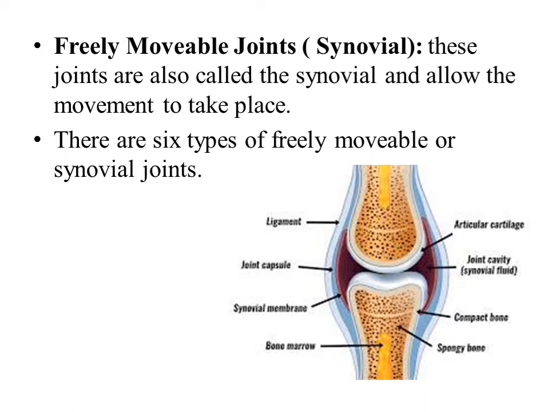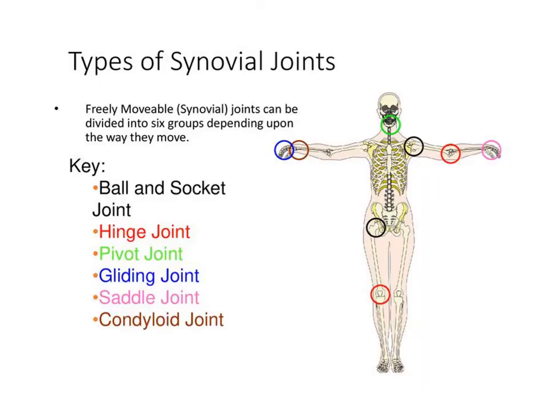Now, freely movable joints. These are known as synovial. These joints are also called synovial and allow movement to take place. Here is where we find that there are six types of freely movable, also known as synovial joints.